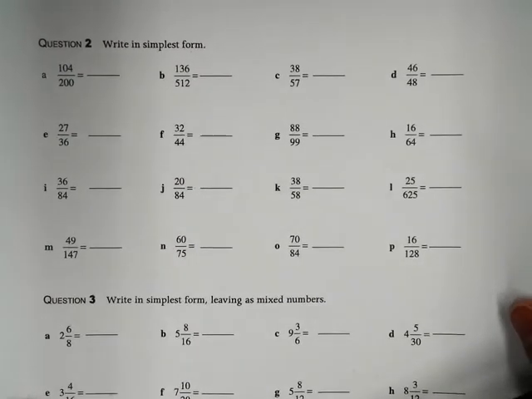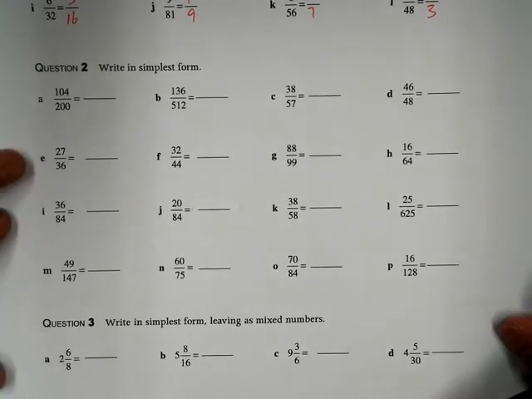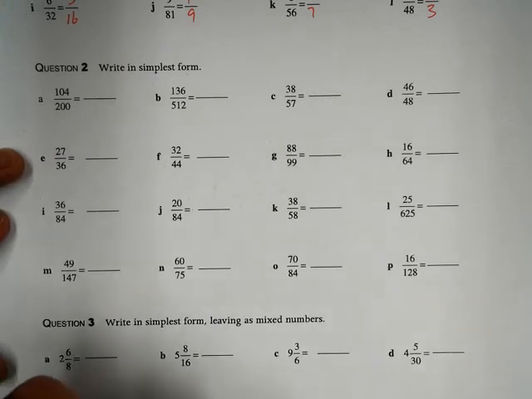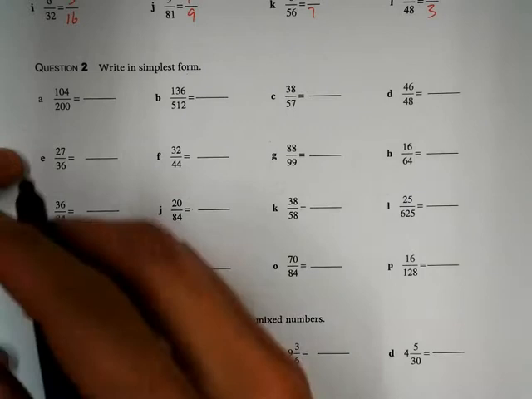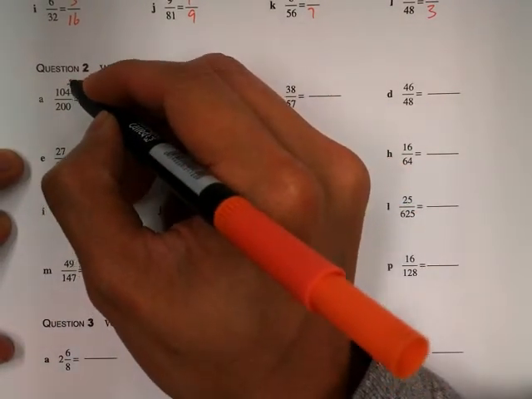Question 2 has very big numbers, so I need to apply the method I just mentioned. We need to divide by some number first and see whether it's the simplest form. For 104, I would like to divide it by 4 first.